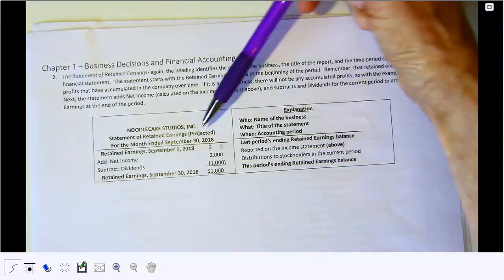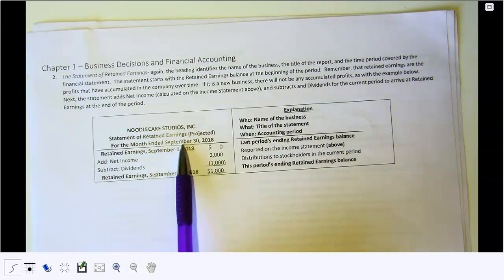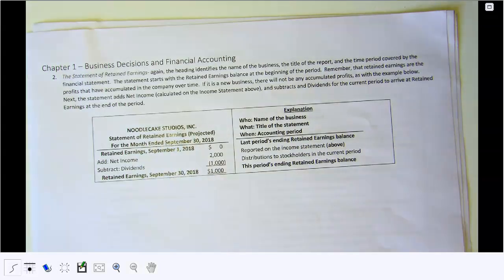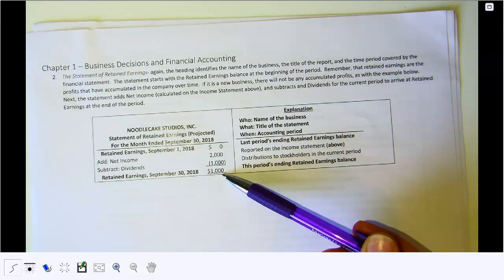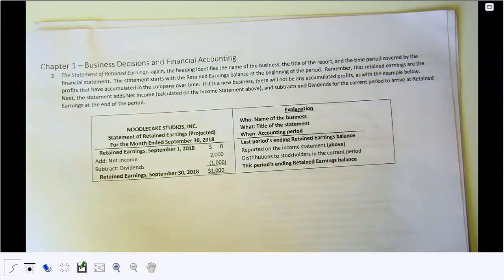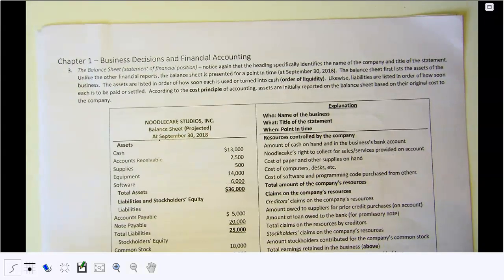Notice the date for the beginning retained earnings balance is the first day of this period, the first day of the month ended September 30th, and the retained earnings balance is the last day of that period ended September 30th. Now we're going to take this ending balance for retained earnings and use that on our last statement, which is the balance sheet. This is on page 6 of our notes.